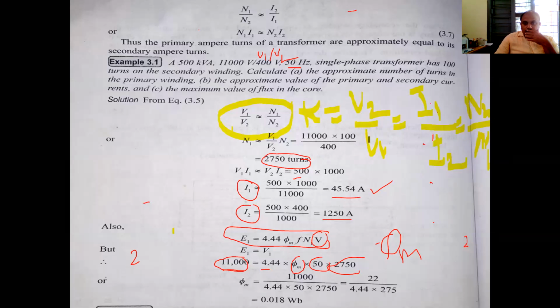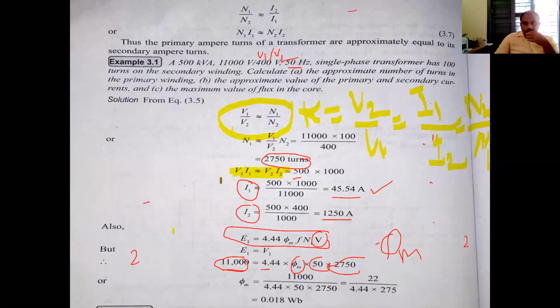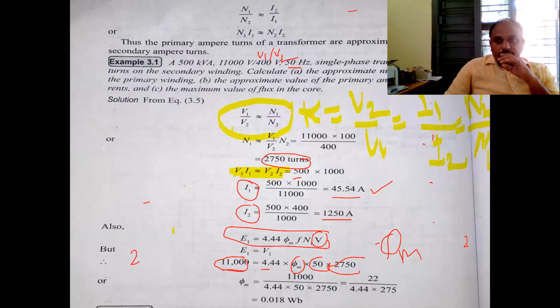Reversing, V1 by V2 means N1 by N2. V1 I1 equals V2 I2. This must be remembered in every problem.